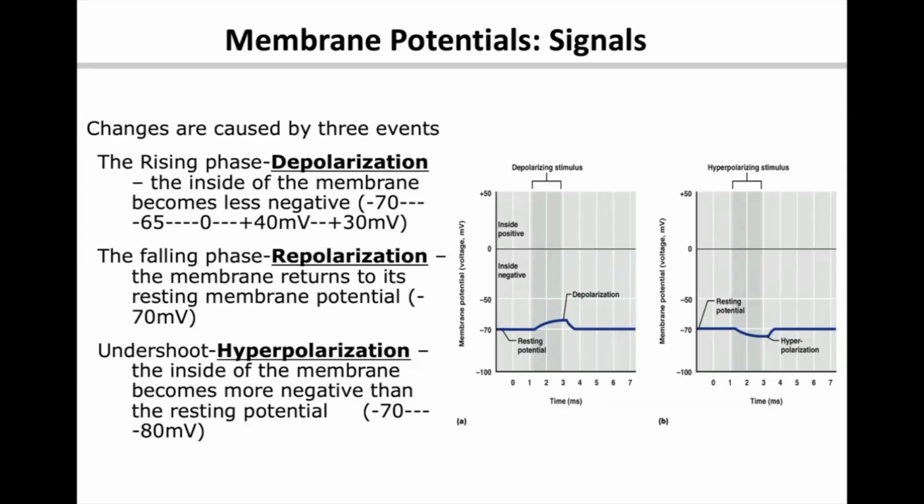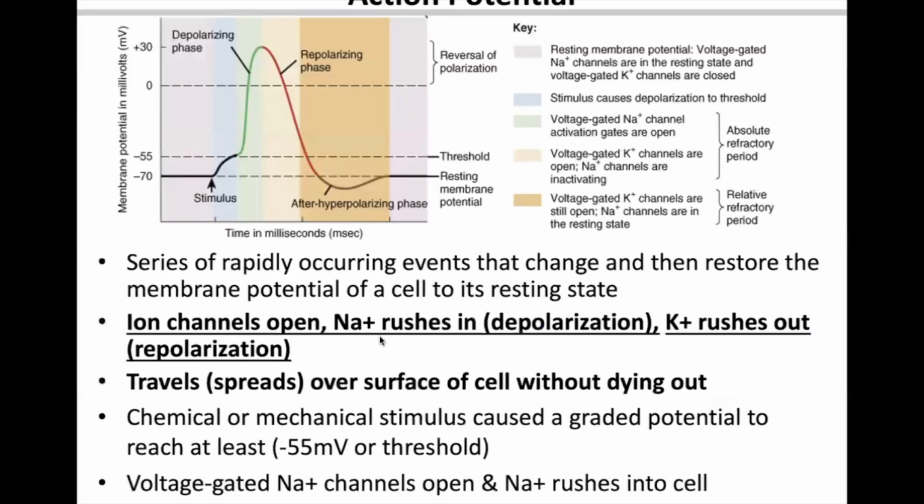So if you look in here, the cell is at resting phase. A stimulus comes, it reaches negative 55, and an action potential is generated. If it does not reach negative 55, it will be considered a graded potential and will die out.